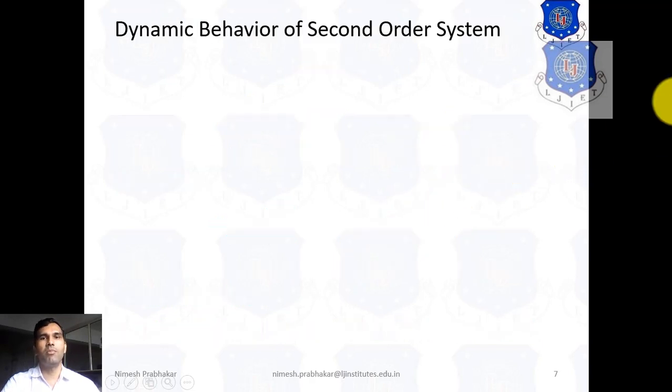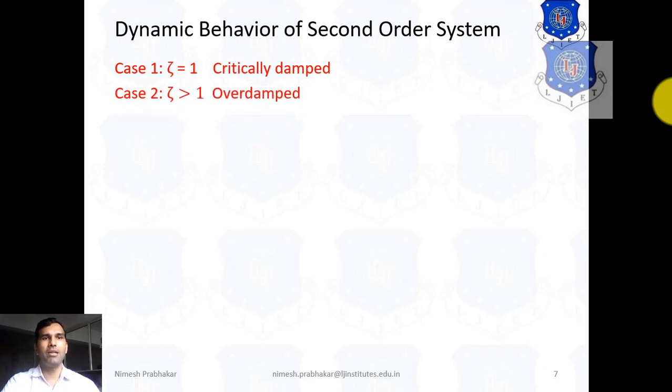Now we understand by using a graph. In the first case, we consider that zeta equals 1. At that time, the system is known as the critically damped system. In case 2, when zeta is greater than 1, the system is known as the overdamped system.